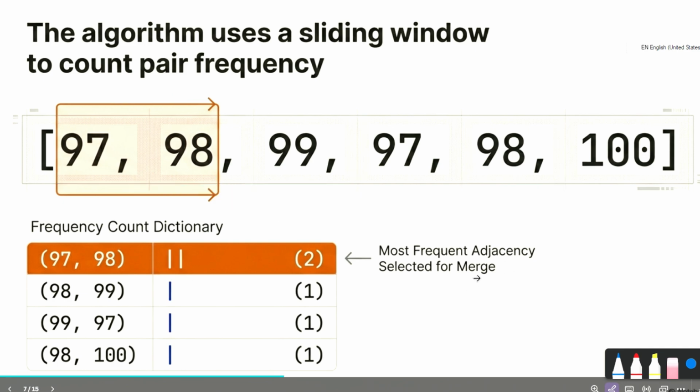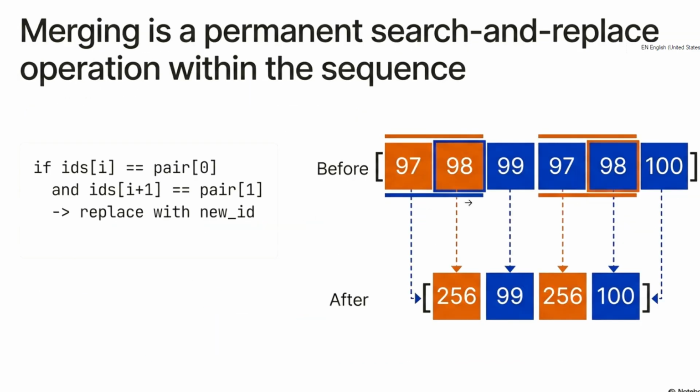Now what will the byte pair encoding algorithm do? We'll just merge them. It saw 97 and 98 occurring together 2 times, like here, and it merged them into a new token of 256. So 97 and 98 means 256 together.